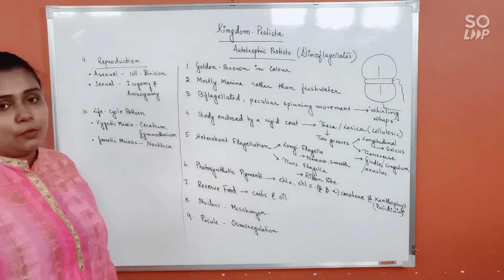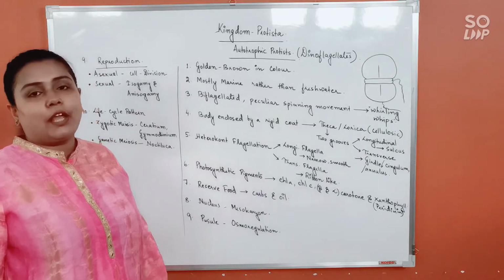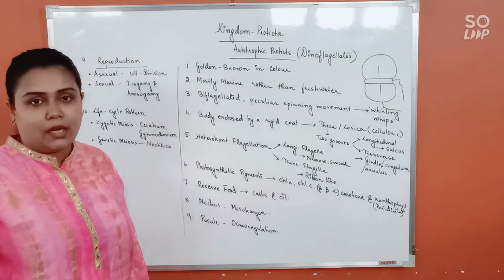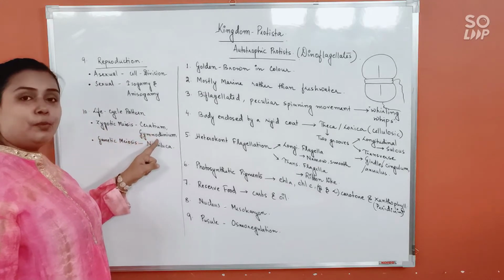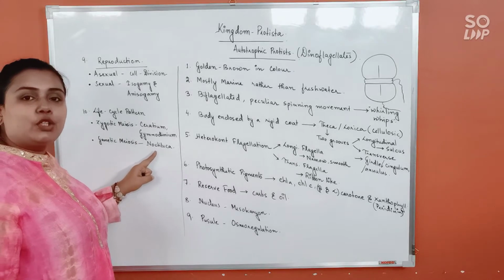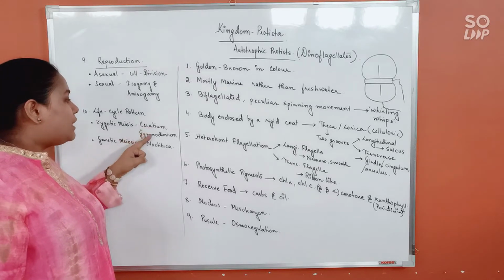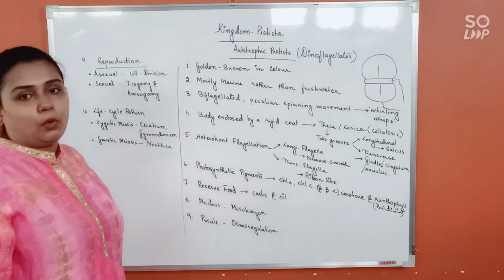In dinoflagellates, a few members show gametic meiosis and a few show zygotic meiosis. For example, zygotic meiosis in Ceratium and Gymnodinium, whereas gametic meiosis in Noctiluca. So Ceratium and Gymnodinium are haploid, whereas Noctiluca is diploid.